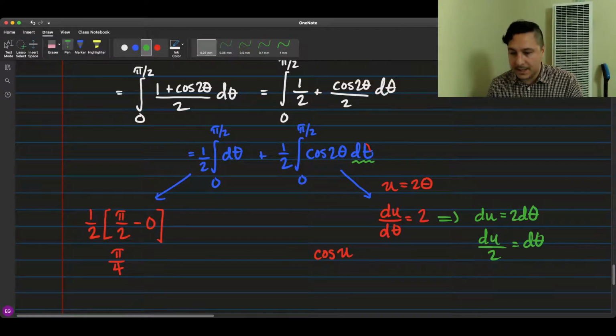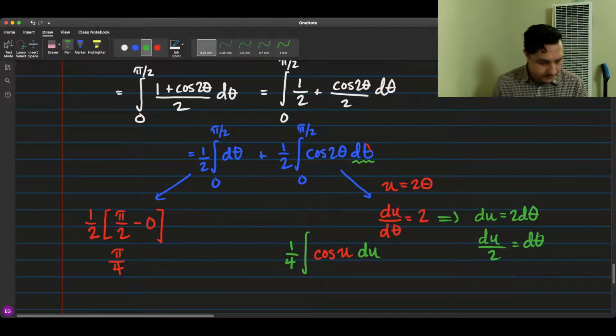So that d theta can be replaced with du over 2, but I'm going to factor out the 2 in front, and there was already the 1/2 there. So I'm going to get 1/4. And the bounds are unchanged. We're still going from 0. Oh, no, sorry, I have to change the bounds. So we need to update that.